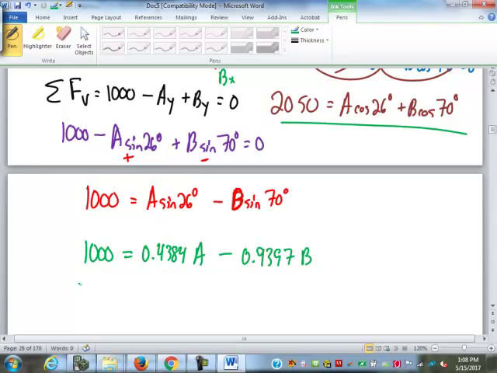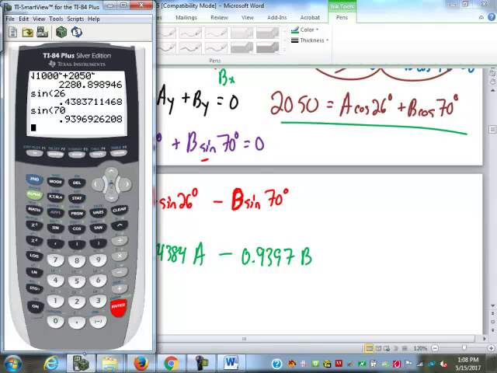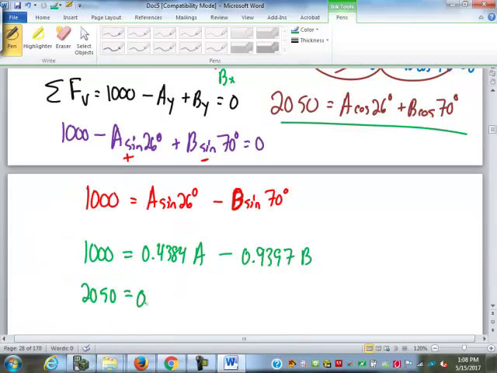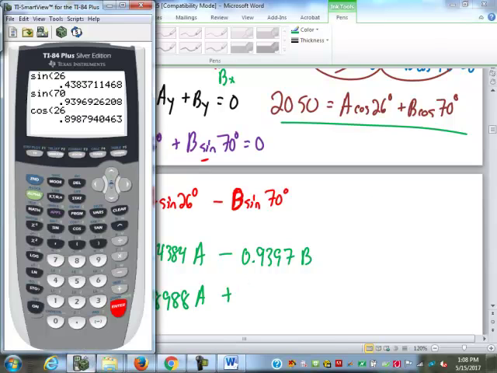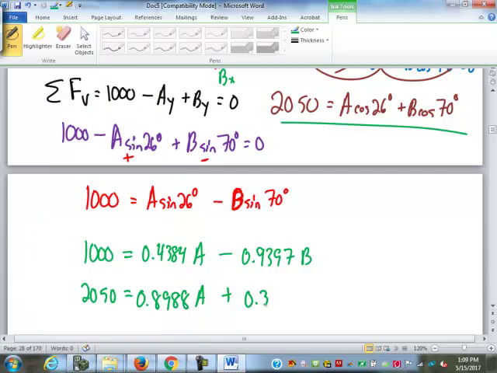Do the same thing here. I got my 2050 cosine of 26, 0.8988A. Cosine of 70, 0.3420B. And there we have a system of equations.